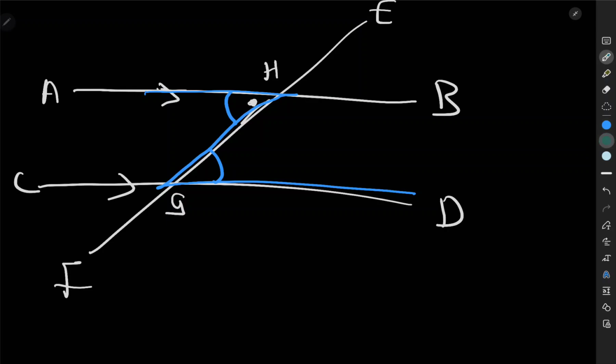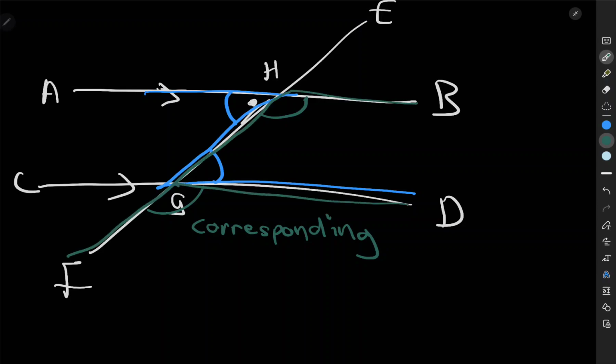And here, another value that we're able to find is this angle and this angle. Those two are corresponding. If you assess this shape here, you'll see that it looks like an F. And obviously if we have a shape like an F, we have corresponding angles.